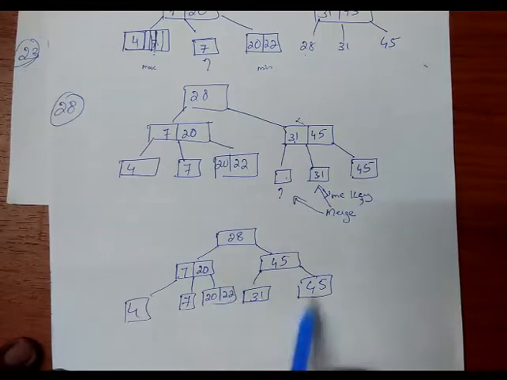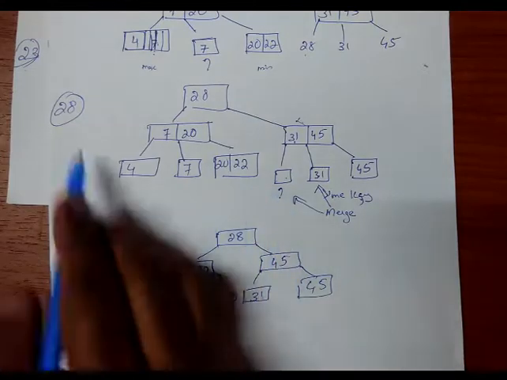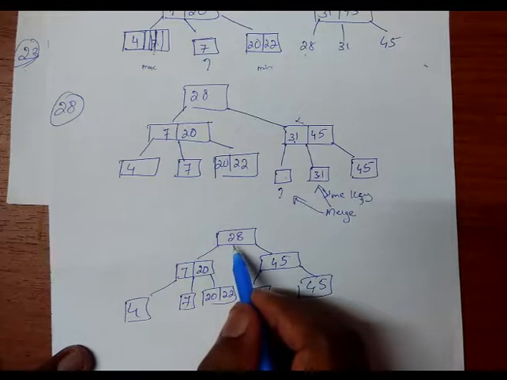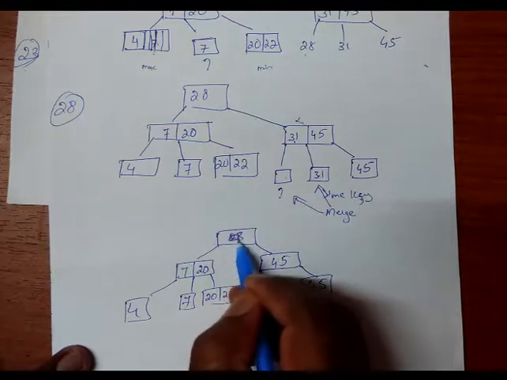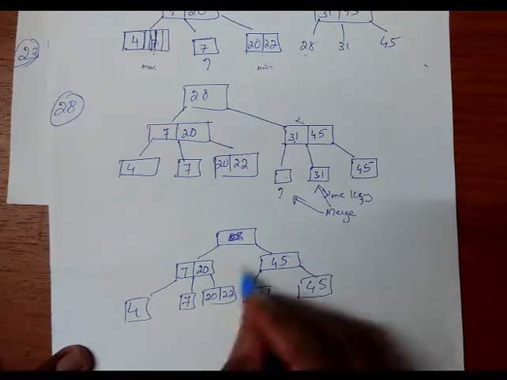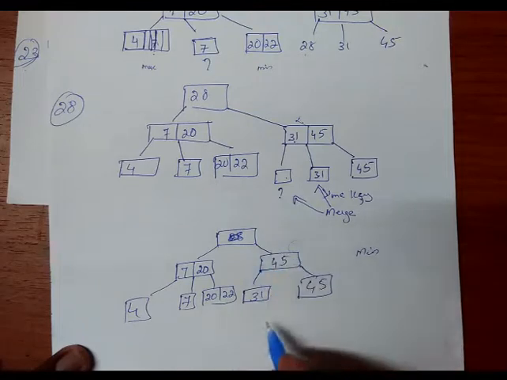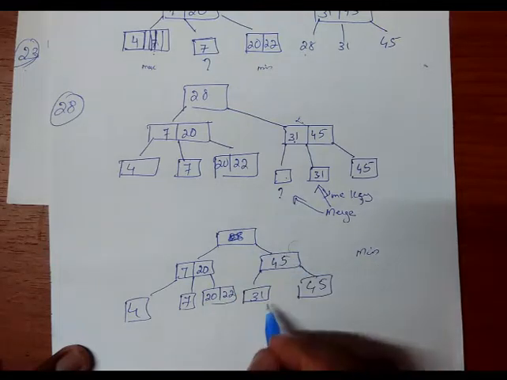You have to merge all these things. Now we merge and connect it to the left of 45. Okay, now again we know that 20 is also present in the root node, so we need to remove it from the root node and check the minimum value in the right subtree, and the minimum value in the right subtree is 31.